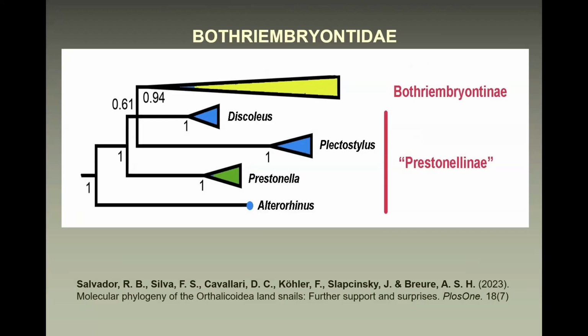But the levels of support for some of these lineages is very low, so the actual topology of this thing might change. But the interesting thing about this is that this lineage is the only family within the Orthalicoidea that is actually present across almost all the Gondwanan fragments. The other lineages are mostly in South America.